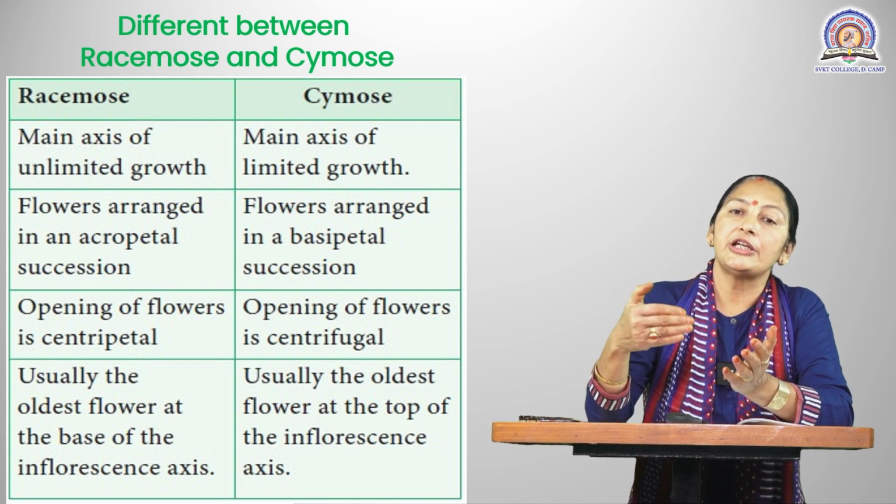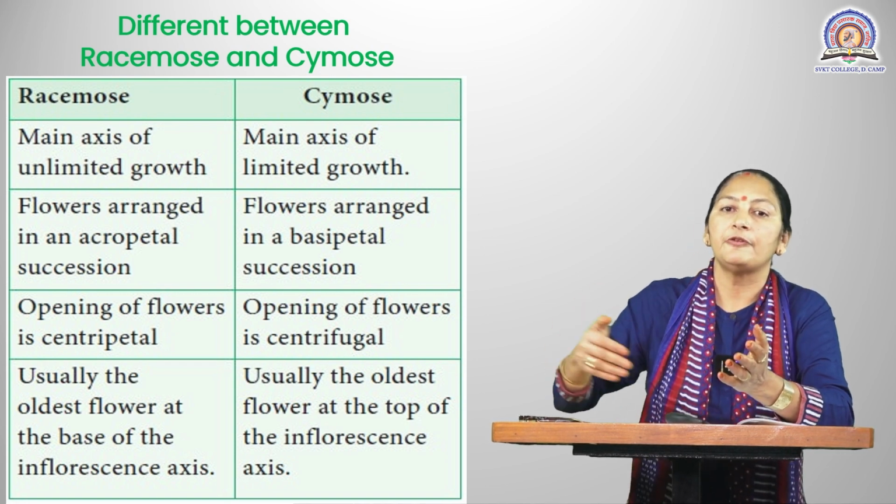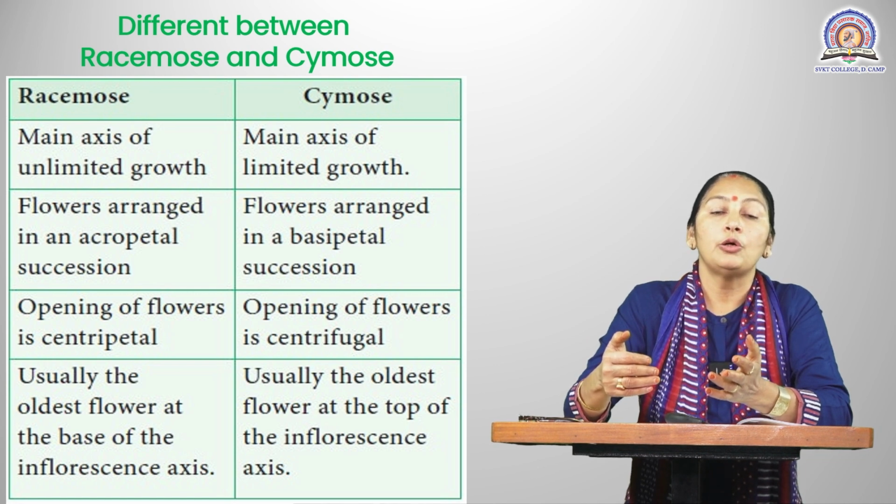Okay, and what does centrifugal mean? Exactly opposite. The younger flowers are arranged in the periphery, and in the center there are the older flowers.